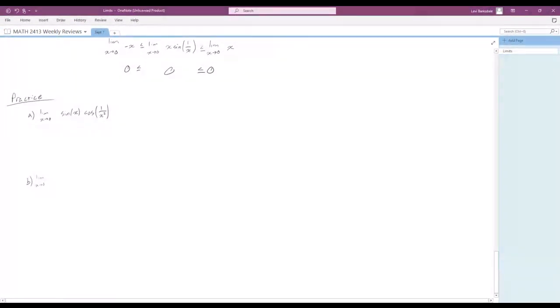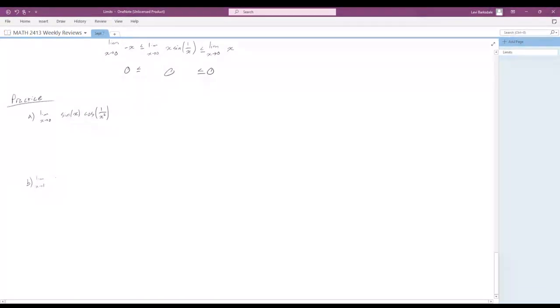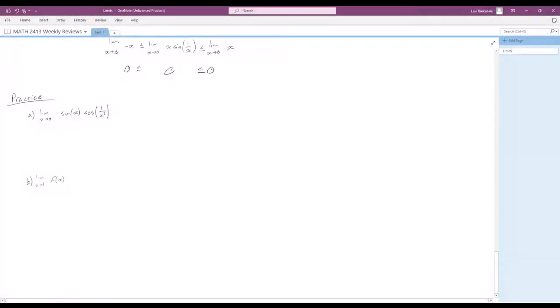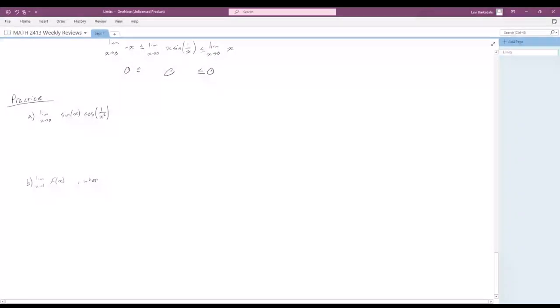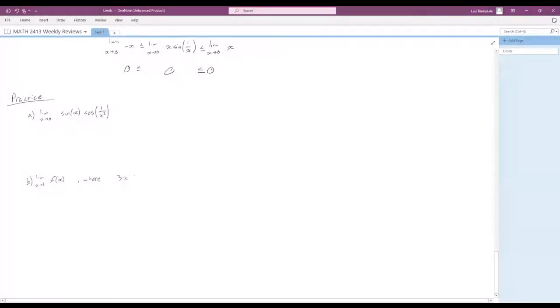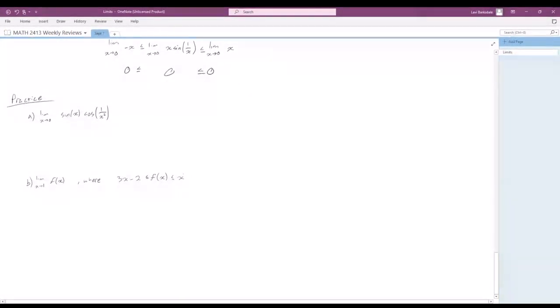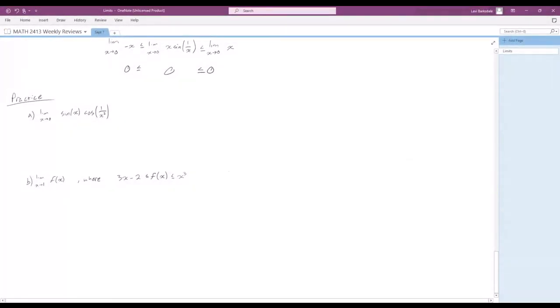Limit of x goes to 1 of f of x, where in this case I'm giving you an inequality. And this one I would say is actually easier than the first. So you may want to try this one before you try the first one. And we'll go with one more.